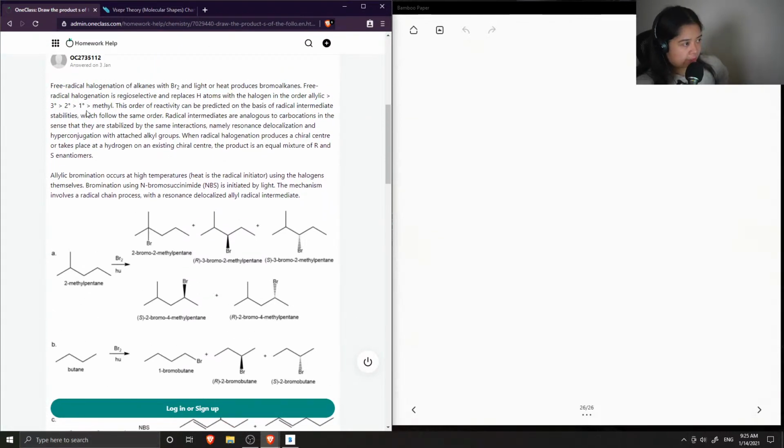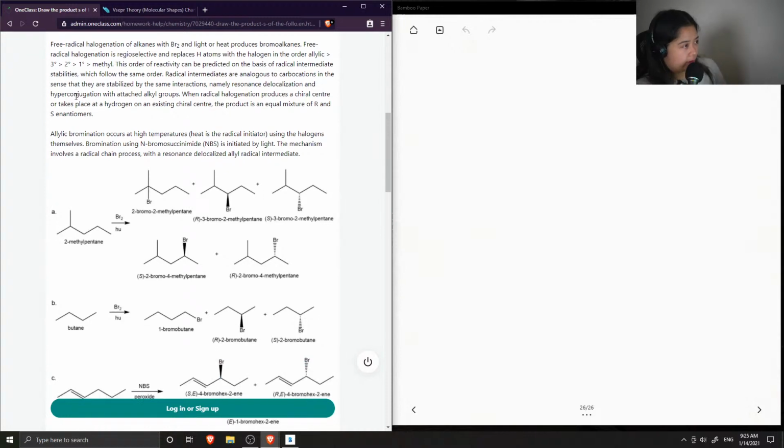So free radical halogenation of alkanes with bromine and light or heat produces bromoalkanes. Free radical halogenation is regioselective and replaces the hydrogen atoms with the halogen in the order of allylic or 3 degree, 2 degree, or 1 degree carbons, and then methyl.